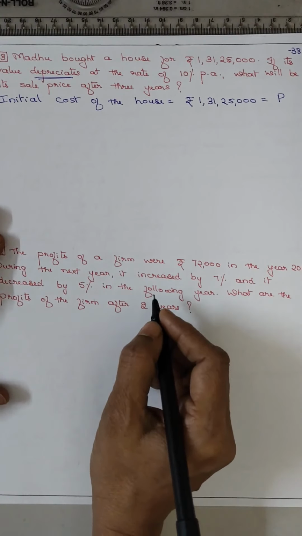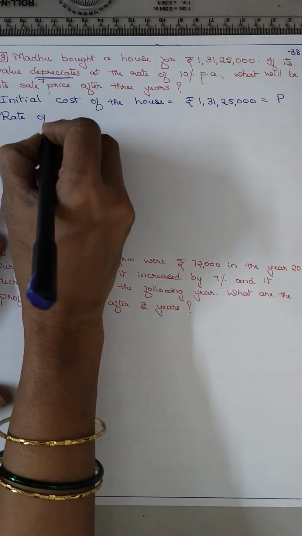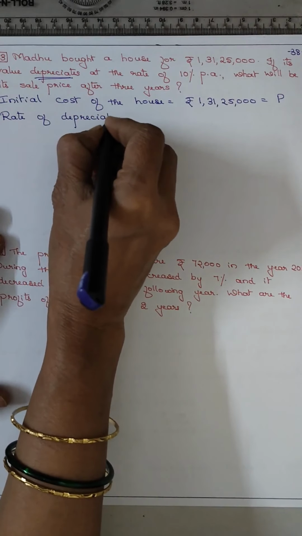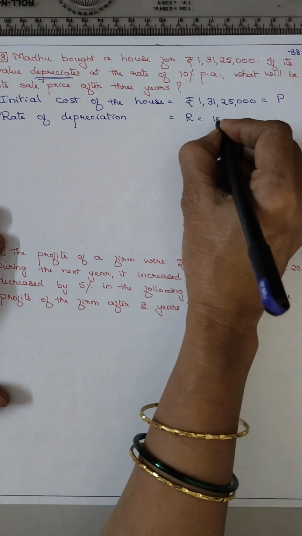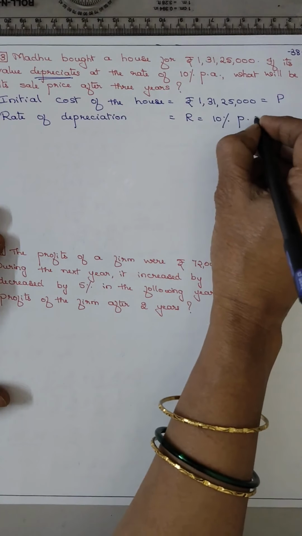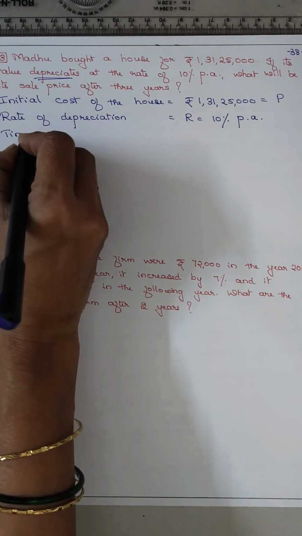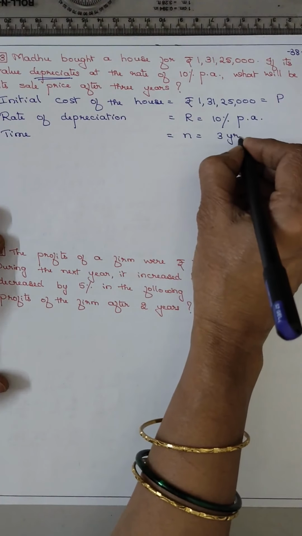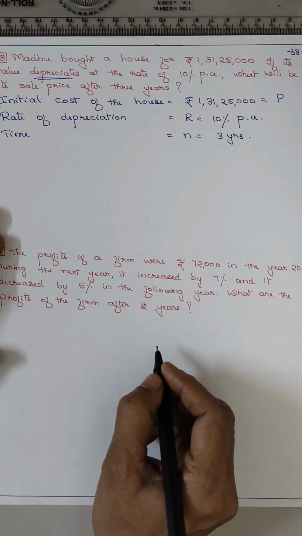Next, rate of depreciation, that is R is equal to 10% per annum. Time, that is N is given as 3 years. Now what is the cost?